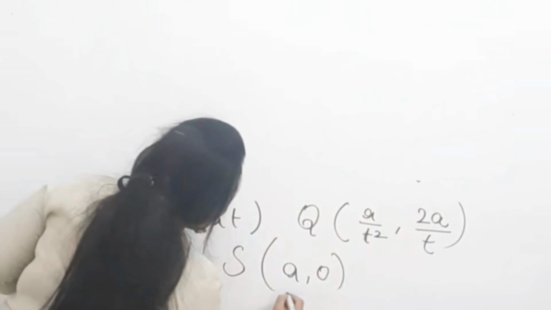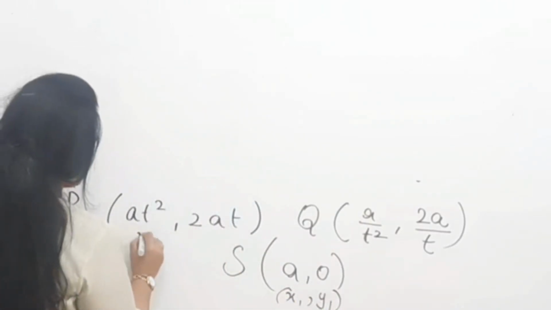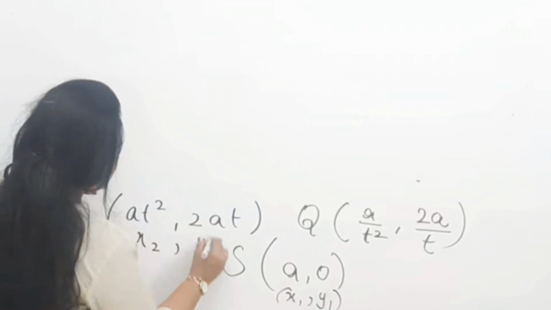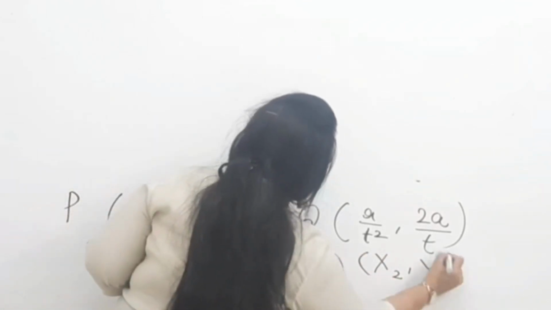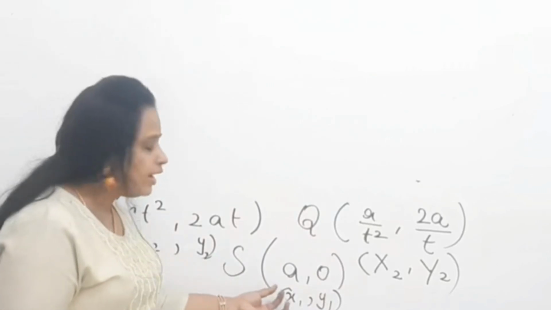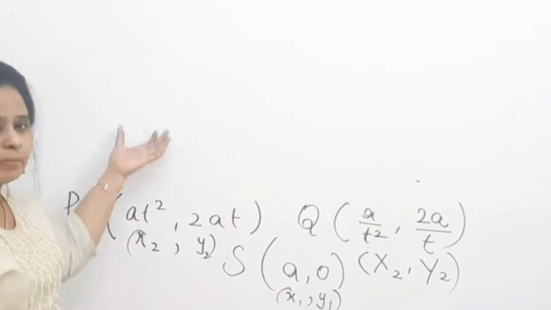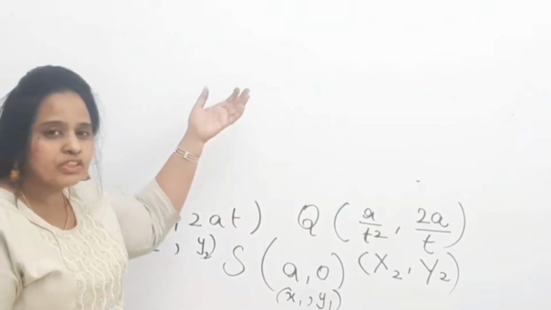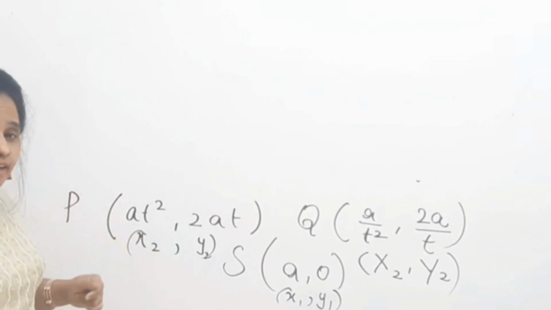Take it as x1, y1, and this is x2 and y2, and this one is caps X2, caps Y2. Children, I always advise my students, when you write the description, of course if you take the description and write it separately, as I had done in the previous questions, x1, y1, x2, y2, it's well and fine.